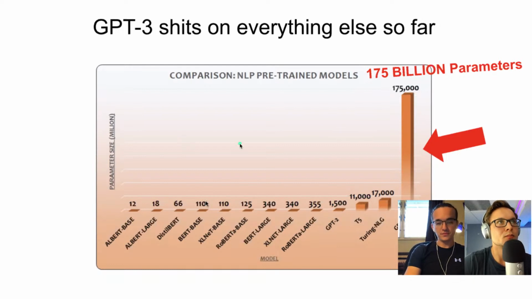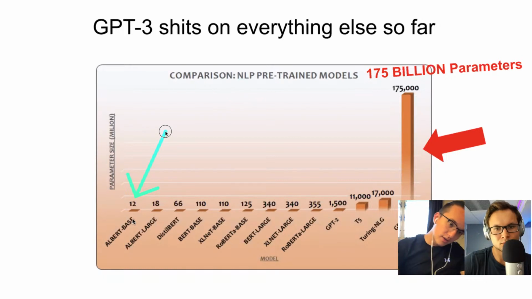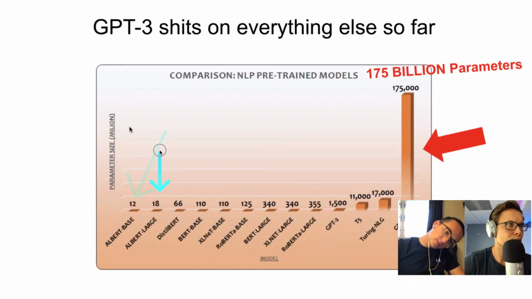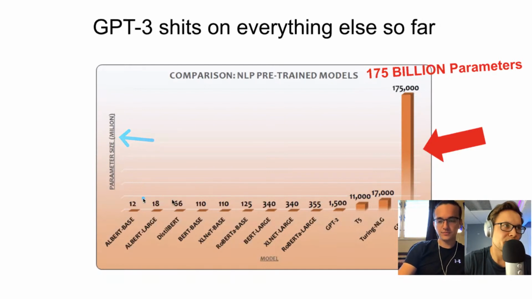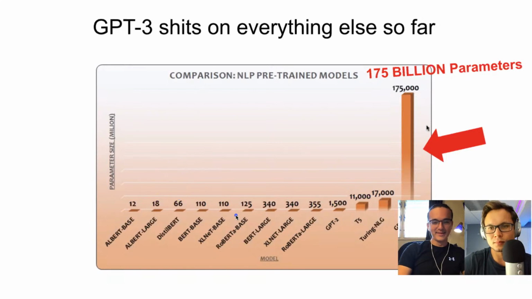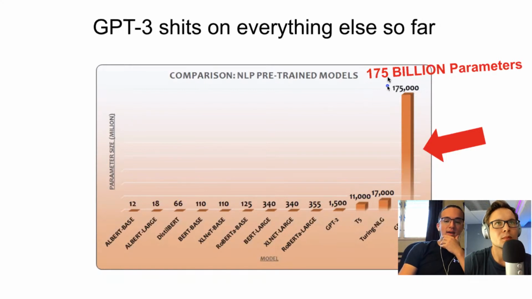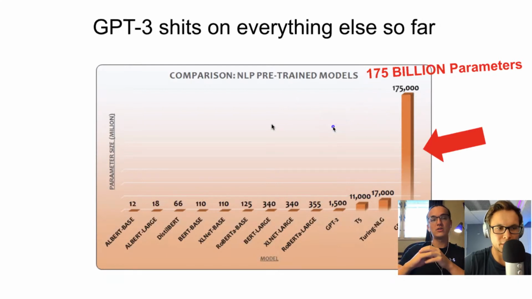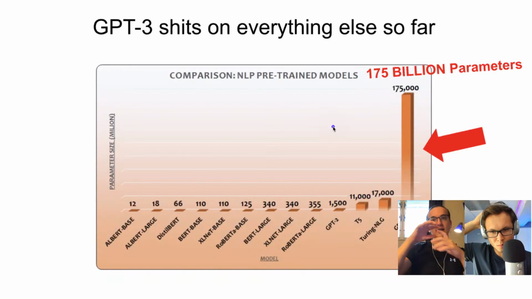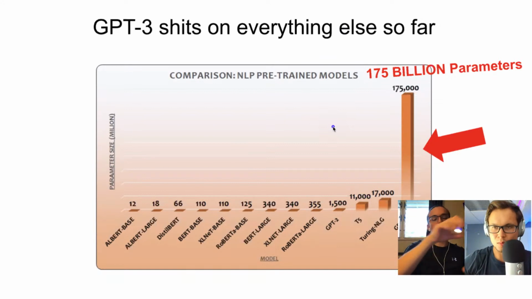As you can see here, I don't know when these were created, but this axis is in millions. So the parameter size is 12 million, 18 million, 66 million. The way machine learning works is a neural net will have a bunch of nodes, and each of those nodes has a number, and then you pass stuff through, and the numbers will change things, and eventually it'll go from your input to your output.